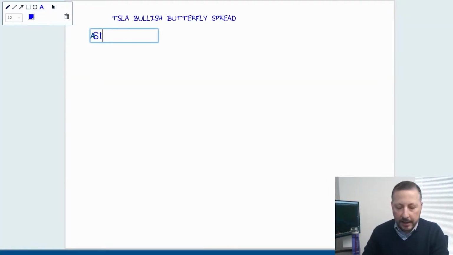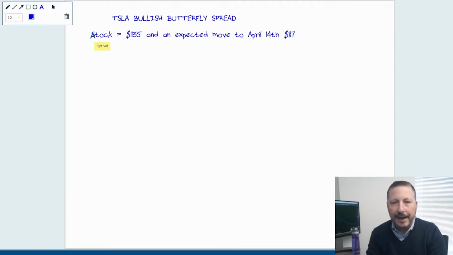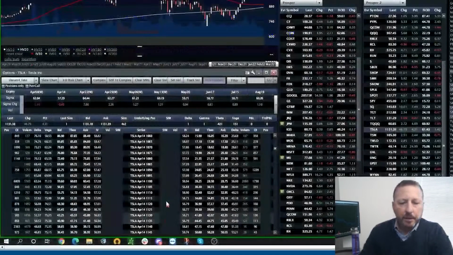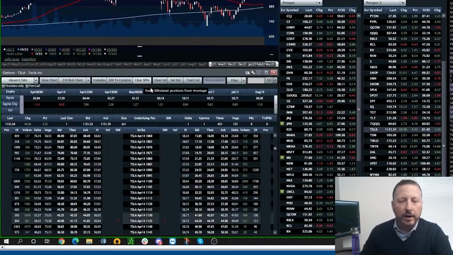With the stock at 1135 and an expected move to April 14th of roughly $87, we are going to target 1220.